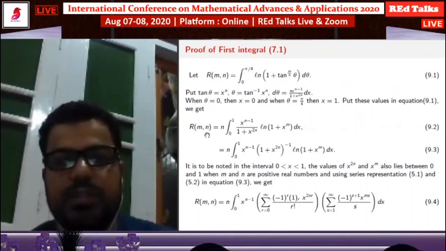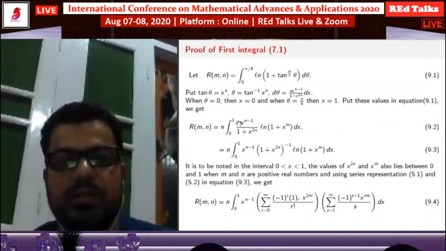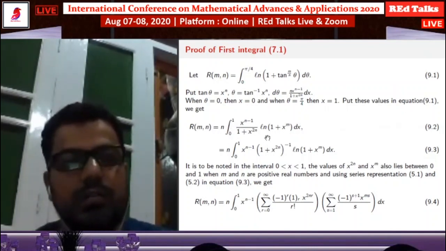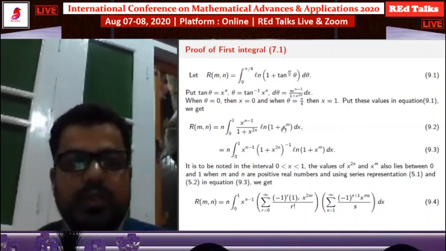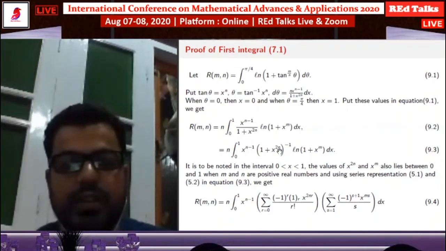And changing the limits and putting all these values in this equation, we get R of mn is equal to n times the integral from 0 to infinity of this, and log of this, which we have given above, and the hypergeometric representation of this function is given in the introduction section. And putting these values, where x raised to power m and x raised to power 2n, both the values of these two variables lie between 0 and 1.